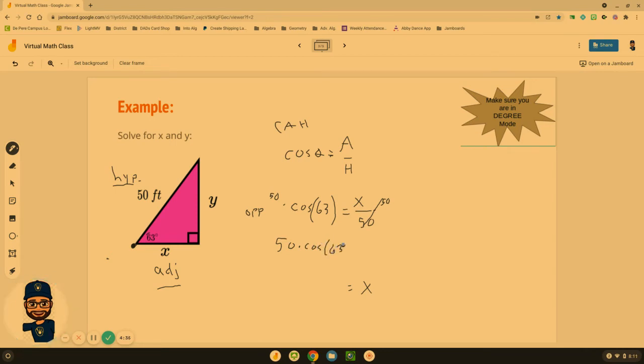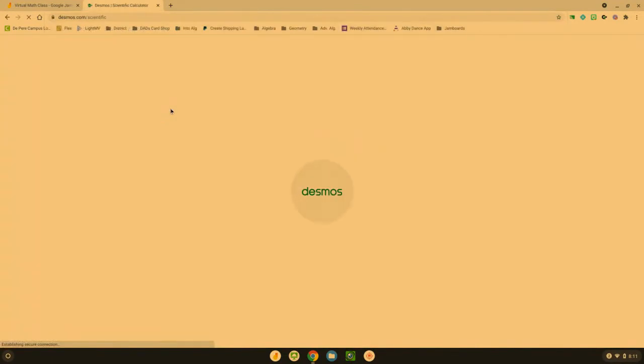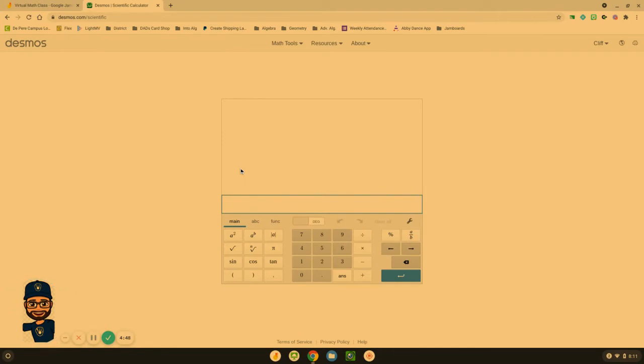How might I calculate that? This is where our Desmos calculator comes in, and we're going to make sure we go to the scientific one, desmos.com/scientific, and we type 50 times cosine of 63.